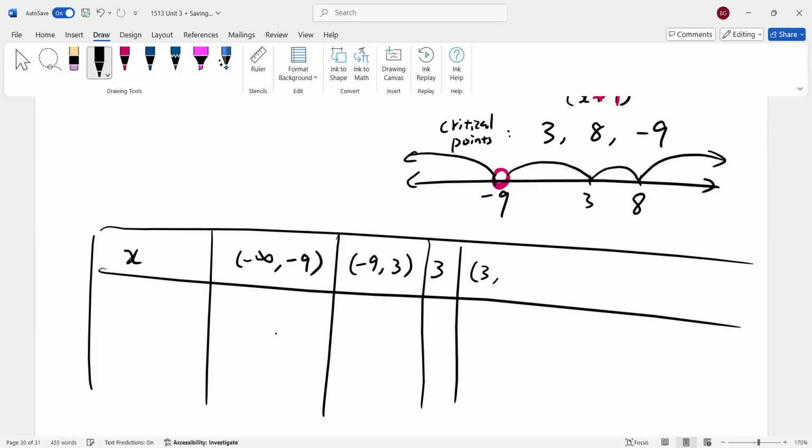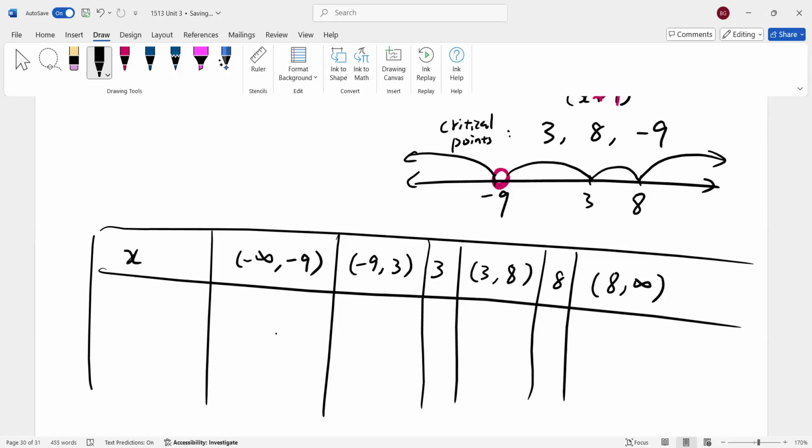3 to 8, and 8 is also a 0, and from 8 to infinity. So that's the first row. And you need to make sure the union of all of those gives the domain. The domain for this problem is all real numbers except -9.